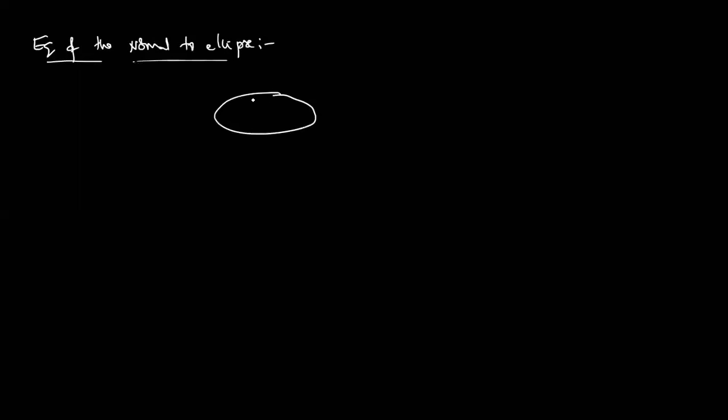Okay. Today we're discussing the equation of the normal to the ellipse. So the concept is here, for example, this is the tangent, and this is the normal at the point of contact.